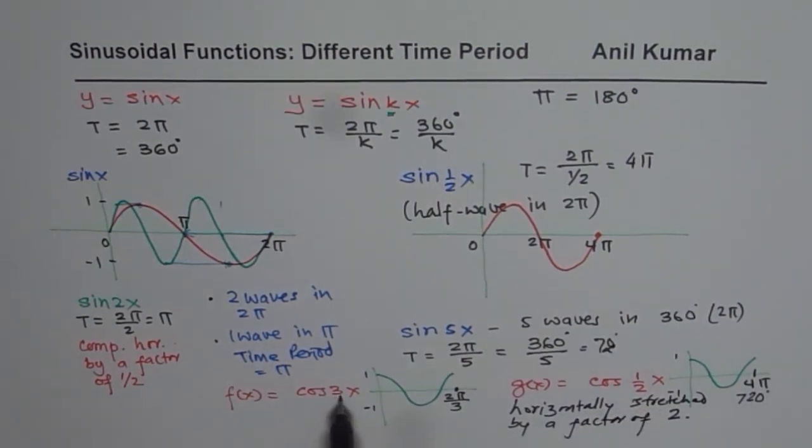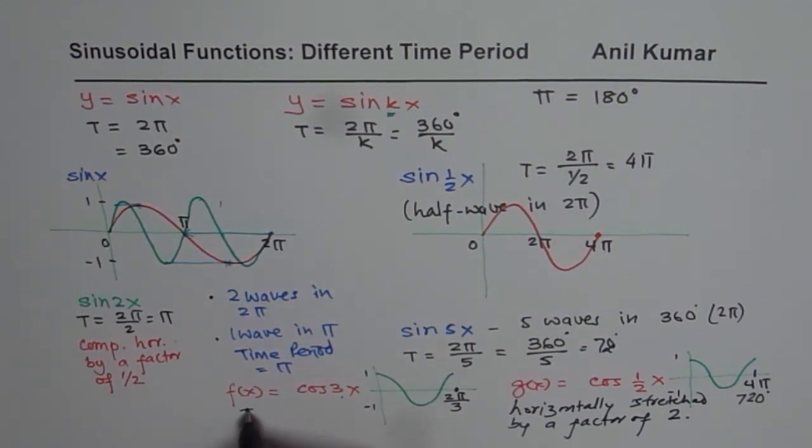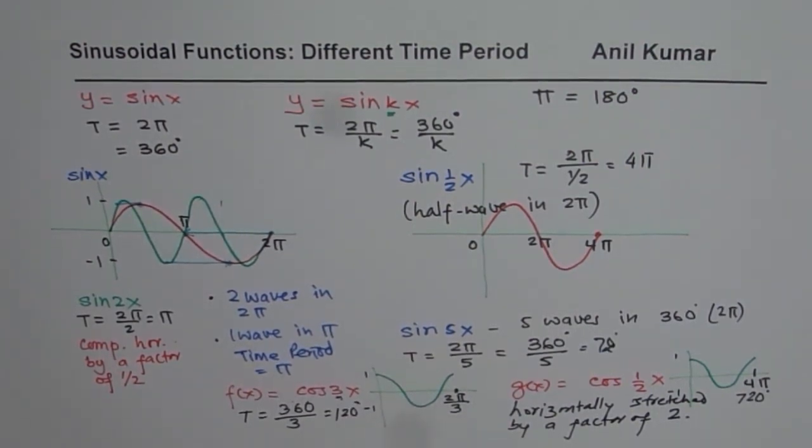For cos of 3x, we'll have 3 cosine waves within 2 pi, each with a time period of 2 pi by 3, or 360 divided by 3, which is 120. So the time period for this will be 360 divided by 3, since that number is 3, which gives us 120 degrees. That is the time period.